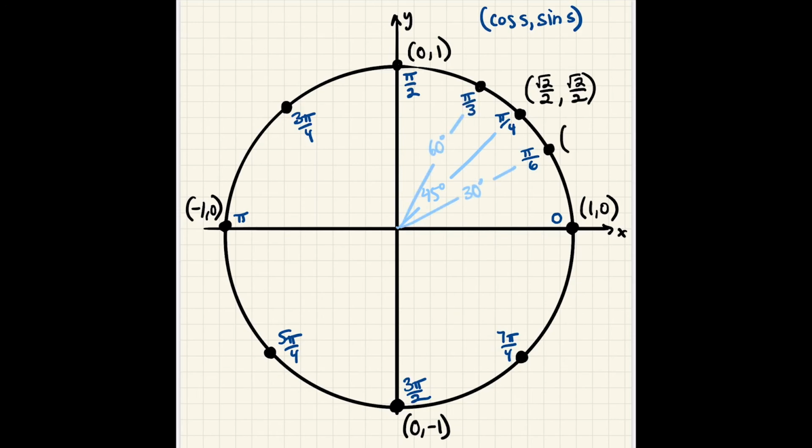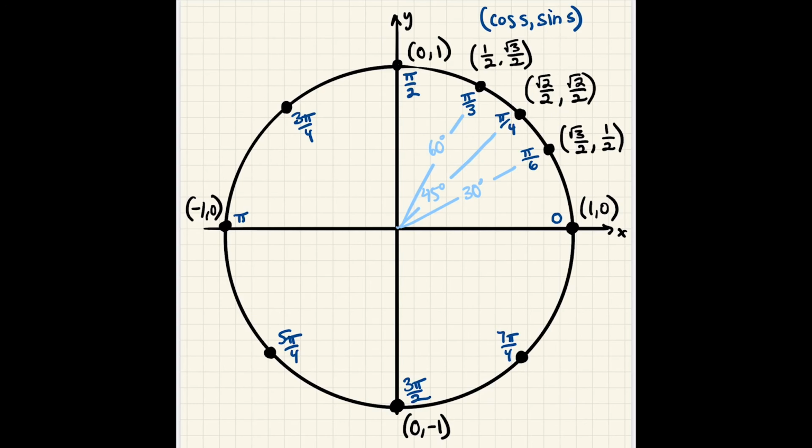We know that cosine of pi over 6 is root 3 over 2, and we know that sine of pi over 6 is 1/2. We can confirm this by, again, looking these up on a 30, 60, 90 triangle. We know that cosine of 60 degrees is 1/2, and we know that sine of 60 degrees is rad 3 over 2.